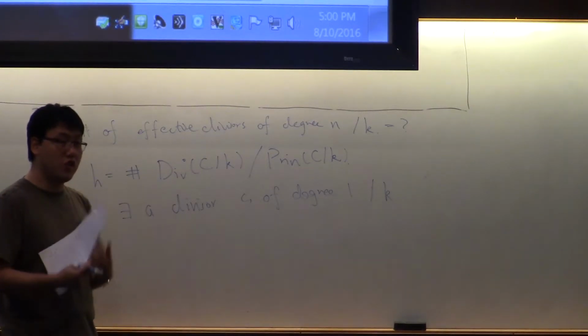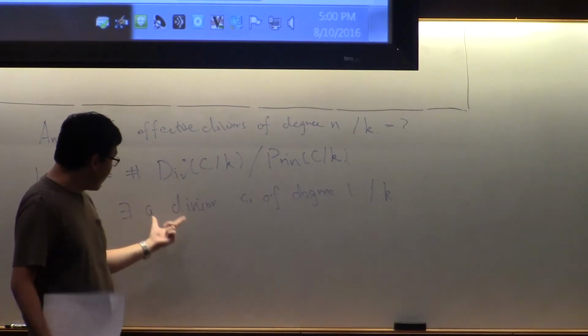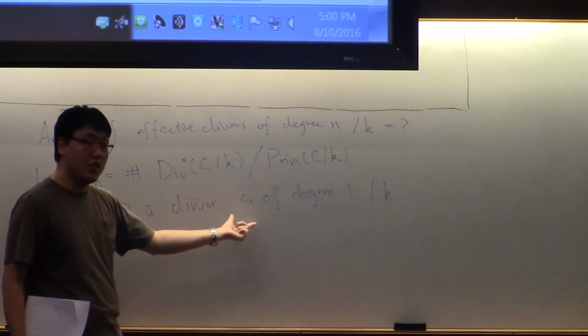But the converse is not true. The existence of such a divisor does not imply the existence of a K-rational point on the curve in general.